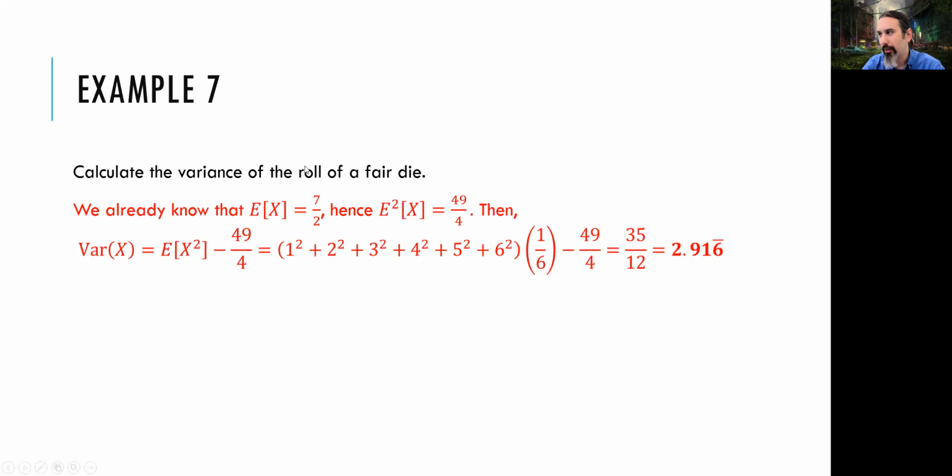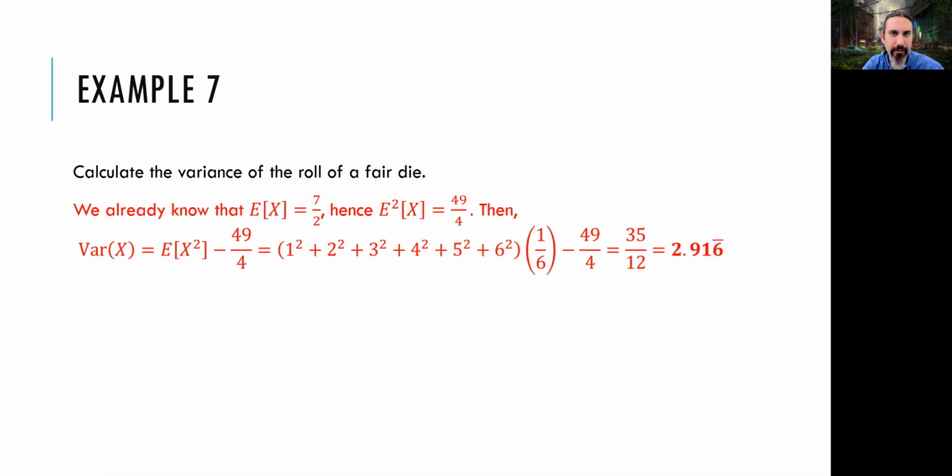For example, calculate the variance of the roll of a fair dice. We know that the expected value of a roll of a fair dice is 3.5, 7/2. So the square of the expected value of x, E squared of x, is 49/4, which is easy because we're just taking the square of 7/2. But the expected value of x square needs a bit more calculation.